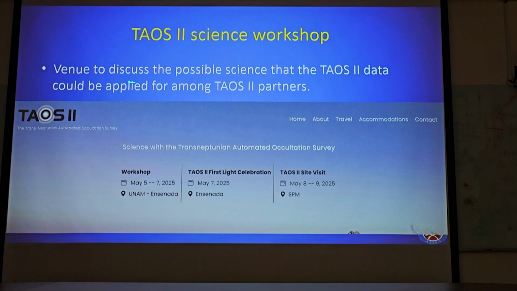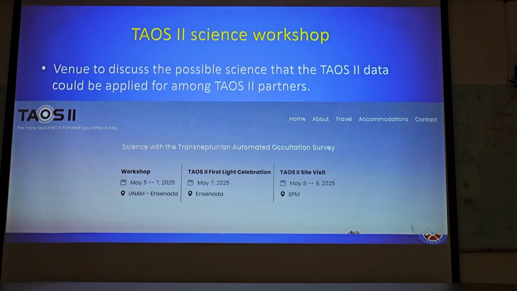The idea is to provide a menu to discuss possible science other than the TAOS II TNO science, because as I mentioned, there is a huge amount of light curves that you can use for variable stars, exoplanets, or other transient events. And we hope that among the partners from Taiwan, from UNAM, from CfA or CADC, we can all jointly work on the other sciences.